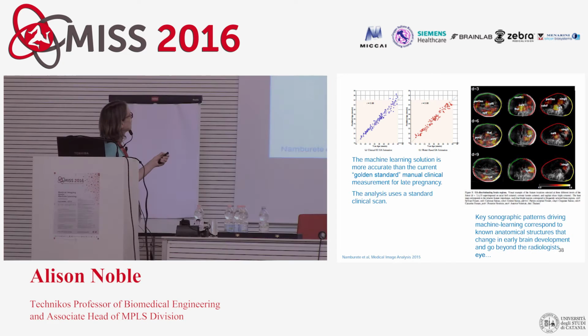So exactly in the area where you require the solution, the conventional metrics do not work. This is well established in the literature. In her particular case, this is showing her model. You can see that throughout the ages you end up with a very good fit. So this machine learning solution is more accurate than the current gold standard shown here, particularly late in pregnancy. And it was just using a standard clinical scan. We didn't acquire this data specifically for the study. All trained sonographers can acquire the 3D scan.